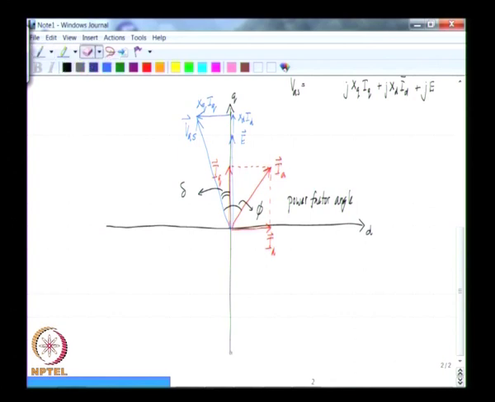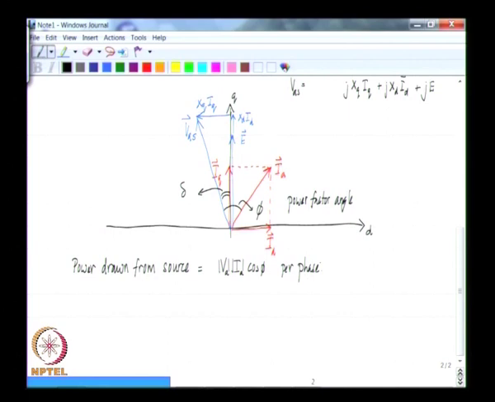So, if we now want to write an expression for power that is drawn from the AC source, so power drawn from source is VA multiplied by IA, these are the magnitudes, into cos phi for one phase, this is per phase.